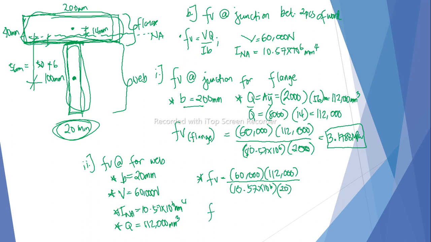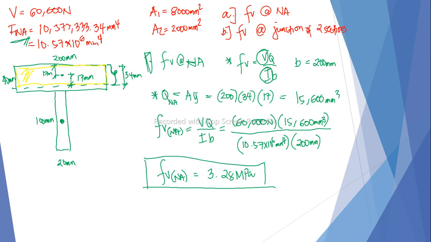So the shearing stress at the junction for the web is equal to 31.788 megapascal. So this will be our answer for the second problem.